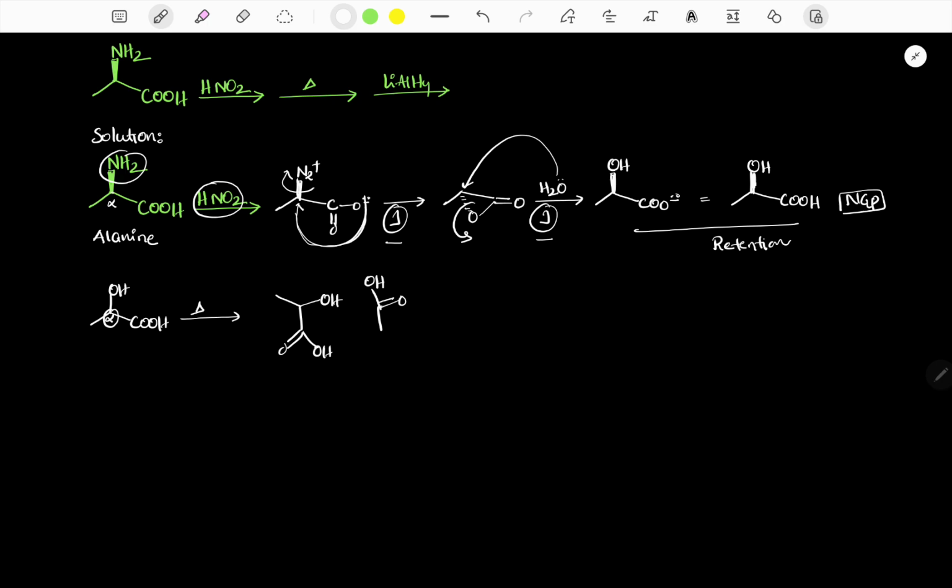Here intermolecular lactone formation, ester formation, and the corresponding product is like this. So when alpha hydroxy acid is heated, we take 2 moles and write the corresponding dilactone, also called dilactide.